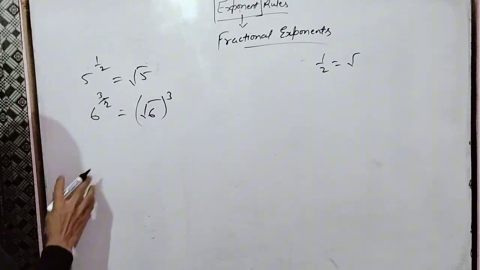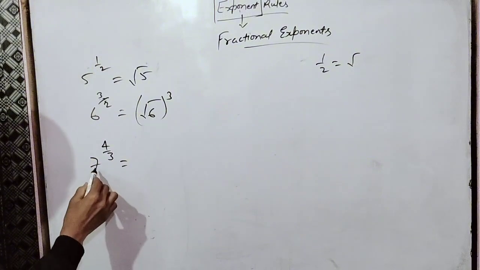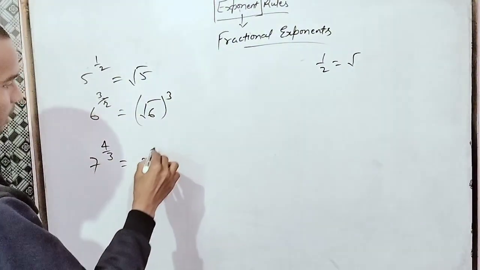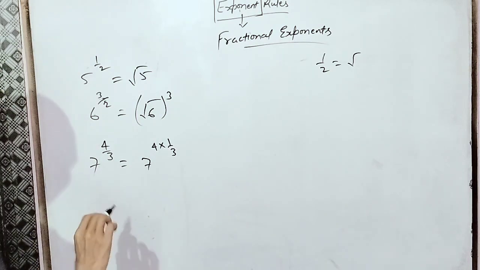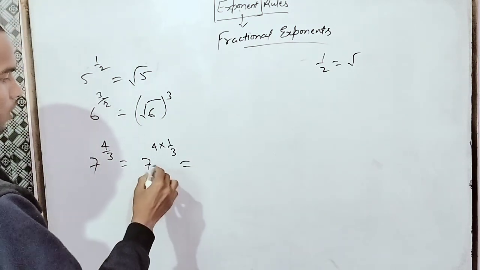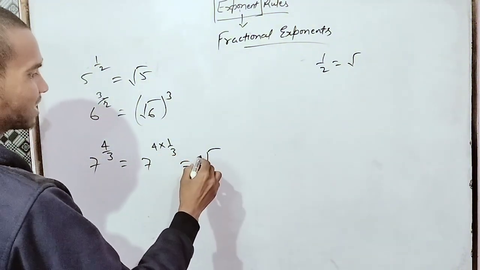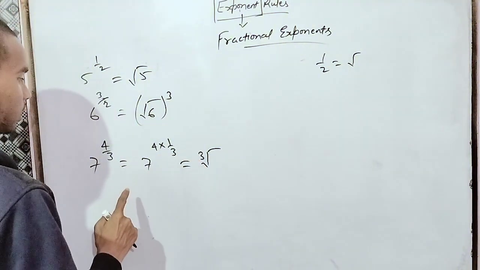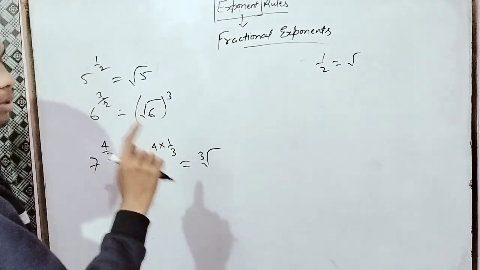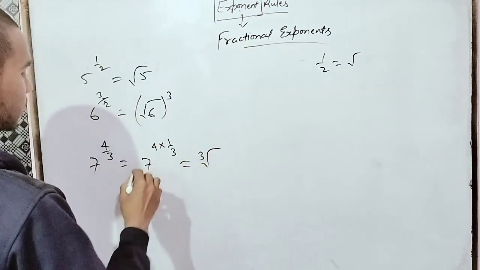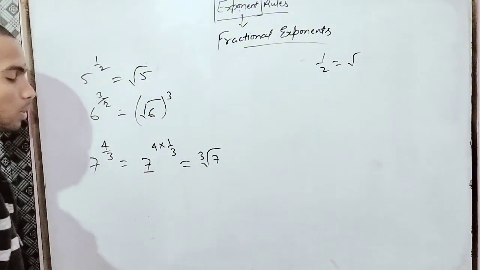Similarly 4 by 3. Here we can write it as 4 and 1 by 3. Similarly, this is the same. Now 7: here the denominator is 3 and the numerator is written here, and this numerator will be our exponent, and this base will be written under root.